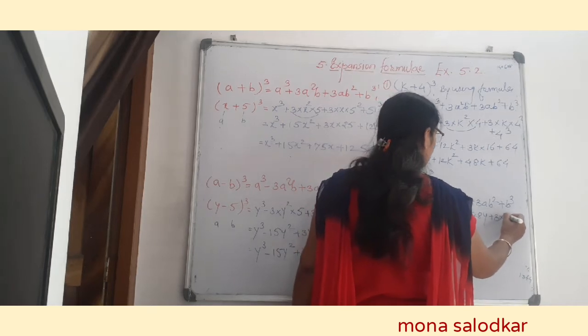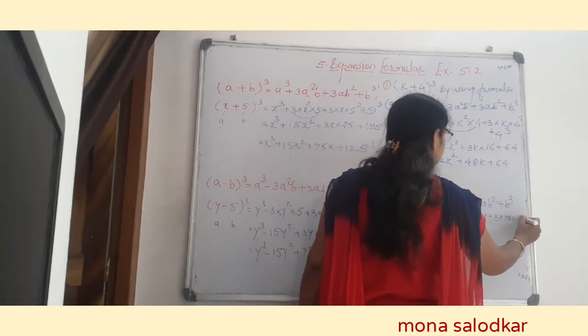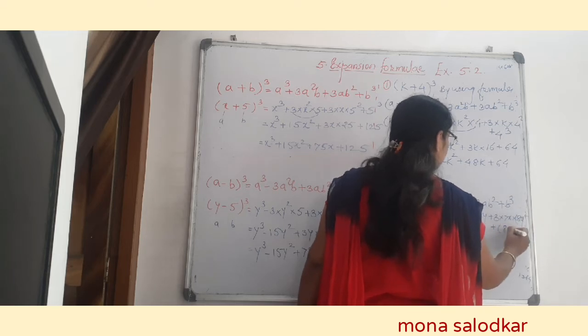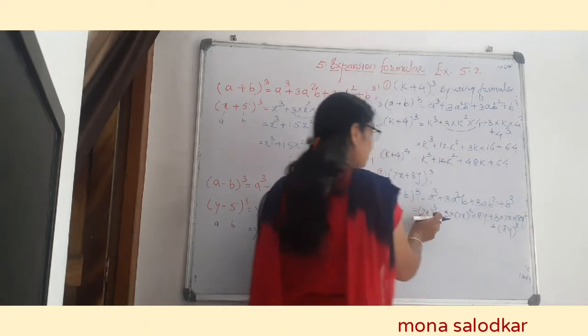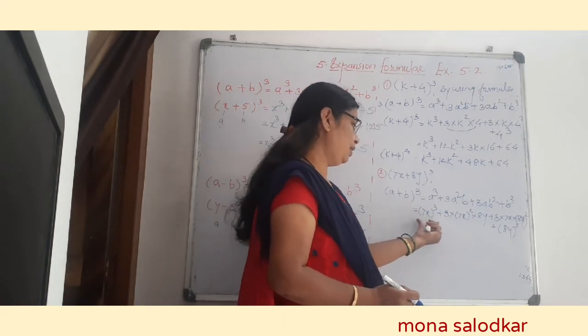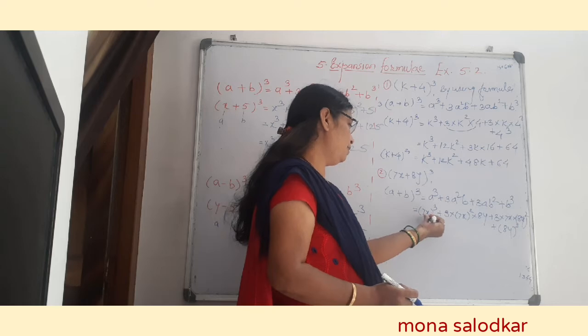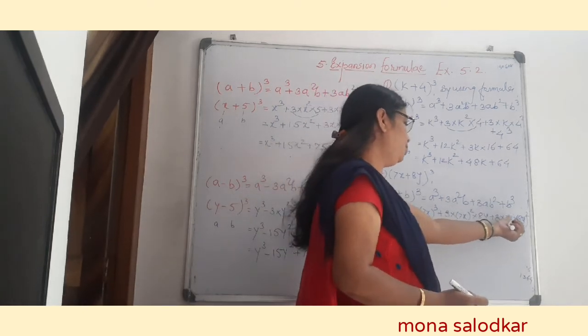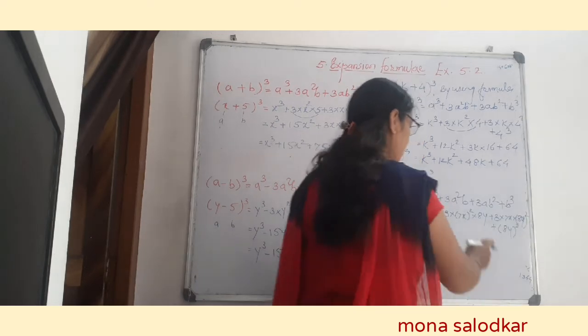Again 3 into 7x, b square means (8y) square. And always remember students, if variable and number both are given, you have to write down in the bracket. In the bracket, (7x) cube plus 3 into (7x) square into 8y plus 3 into 7x into (8y) square.